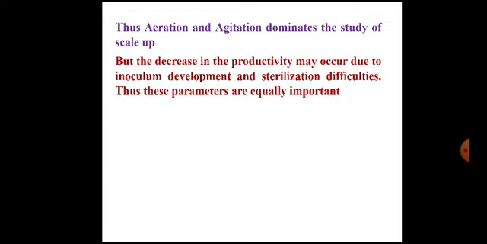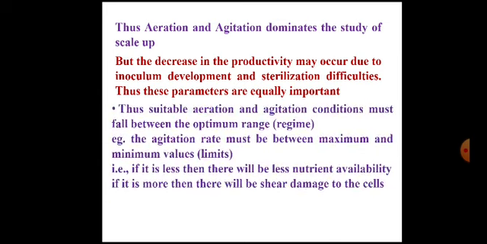But a decrease in the productivity may occur due to other factors like inoculum development or sterilization difficulties as well. So these parameters are equally important. Therefore, suitable aeration and agitation conditions must fall between the optimum range or regime.